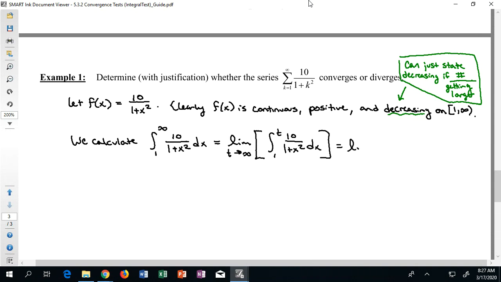I know that the antiderivative here is 10 inverse tan of x.